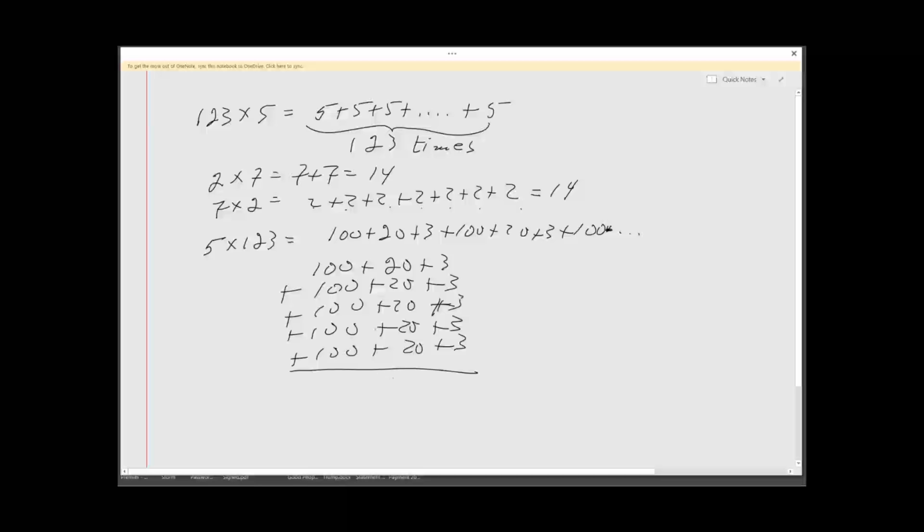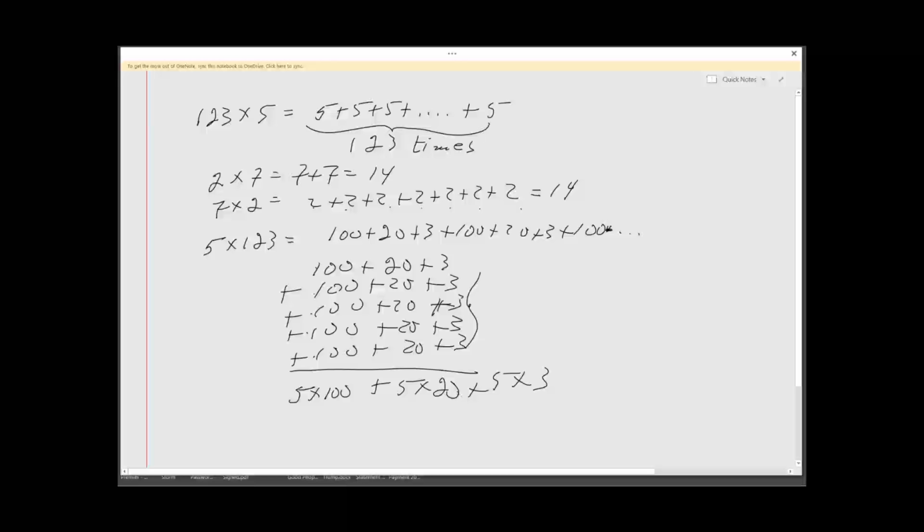Now, before you start adding this up, notice this first. Here we're going to add 100 plus 100 plus 100 plus 100 plus 100, which I hope you recognize as 5 times 100. Plus 20, 20, 20, 20, 20. This is 5 times 20. Plus, you know what this is. This is 5 times 3.